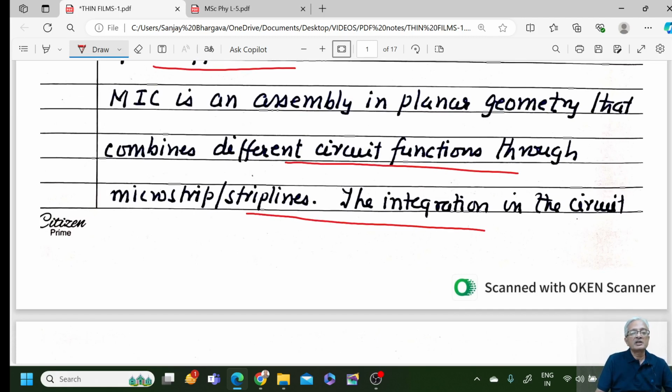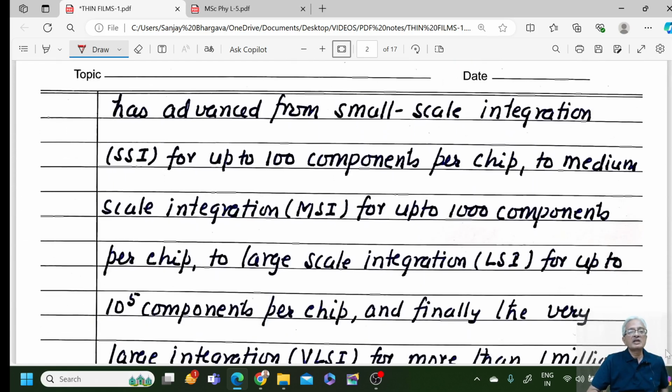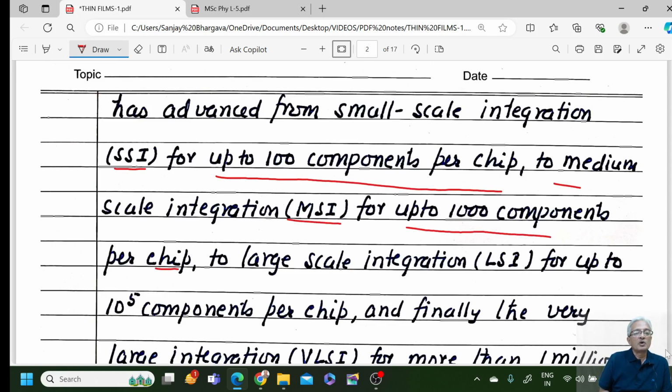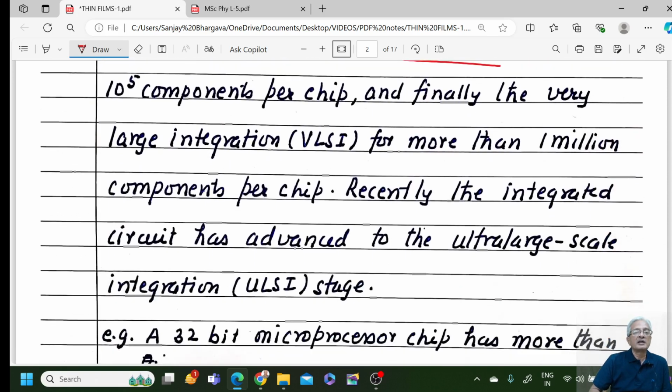The integration in the circuit has advanced from small scale integration SSI up to 100 components per chip to medium scale integration MSI for up to 1000 components per chip to a large scale integration, that is LSI, for up to 10^5 components per chip, and finally the very large scale integration VLSI for more than 1 million components per chip.